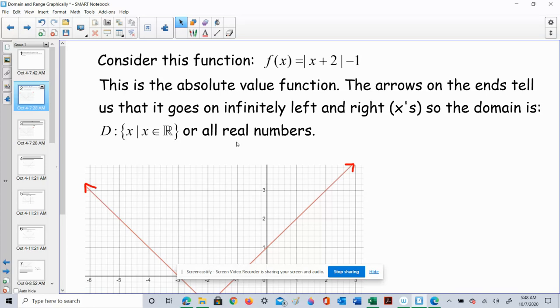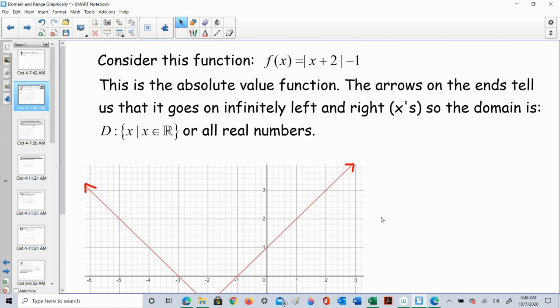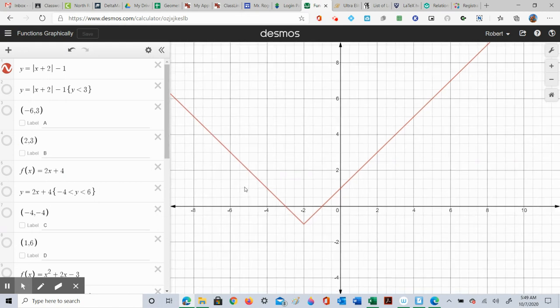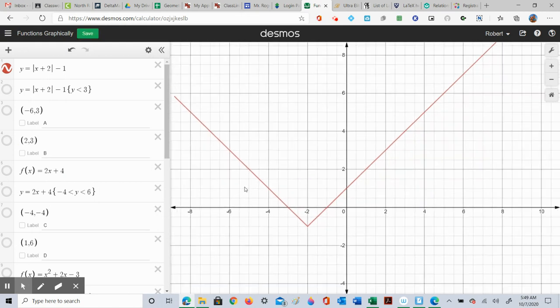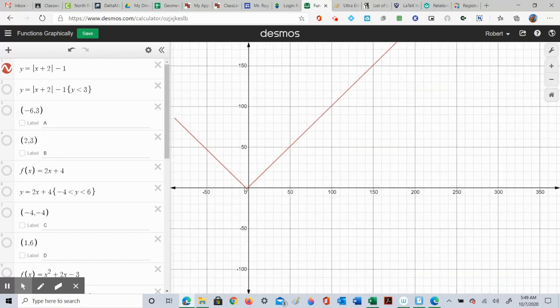The arrows on the ends tell us that this goes on infinitely left and right. So the domain is all real numbers, right? What does that look like? Well, if we went over here, this is that same function. If I scroll in, I get closer, but I can scroll out as far as I want.